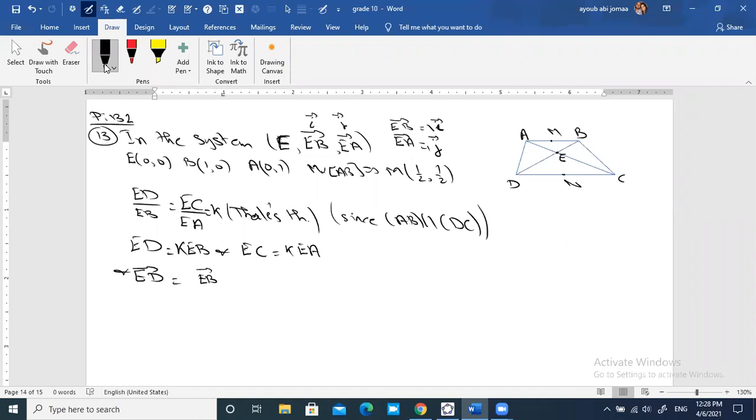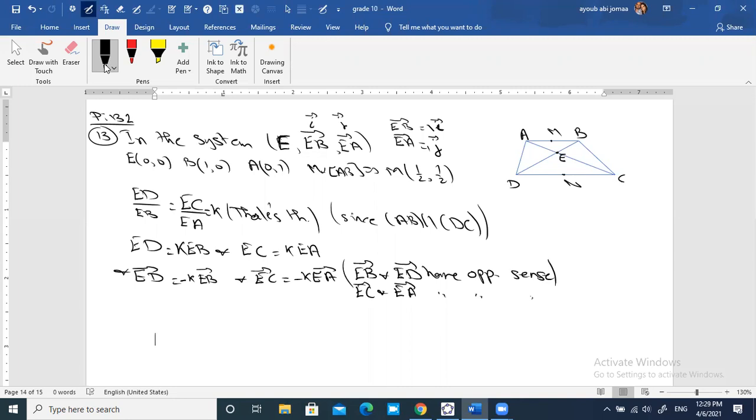So here you have to write vector ED equals negative K EB, and vector EC equals negative K EA. Vectors EC and EA also have opposite signs. So that's why we put the negative.